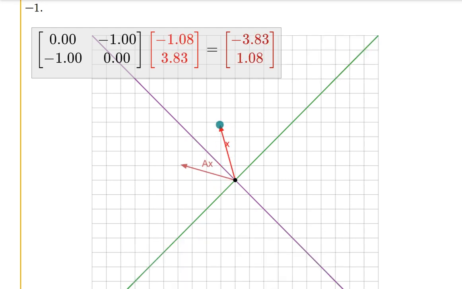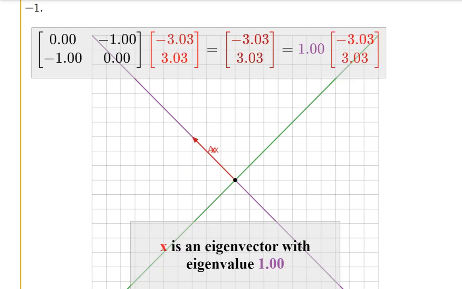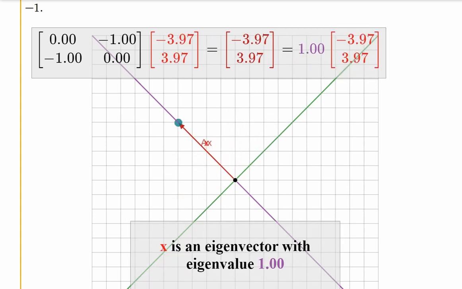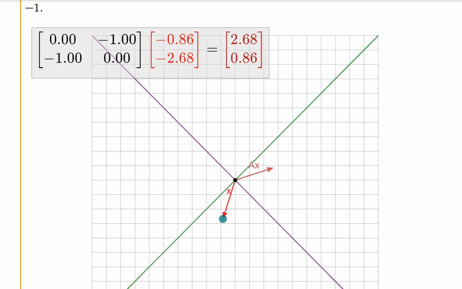When I get onto the line y equals negative x, you can see that Ax and x are landing together. And when I get onto the green line, they're landing in opposite directions. When they're landing in opposite directions, that's an eigenvalue of -1. The transformed vector is pointing in the opposite direction of the eigenvector. So you should definitely take your time to go through these interactive examples and see geometrically what it means for one of these transformations to have eigenvalues.